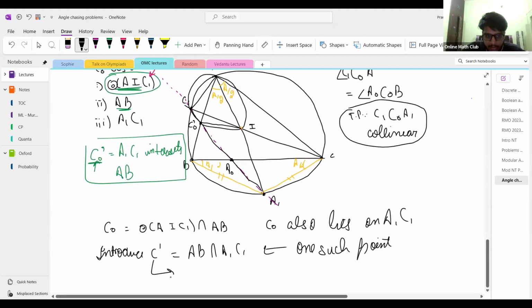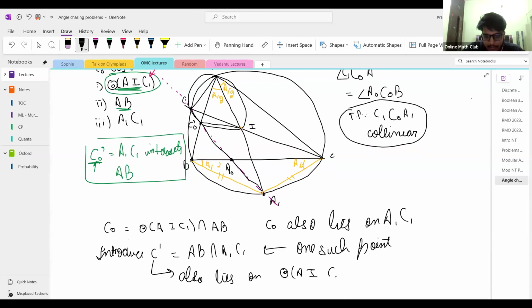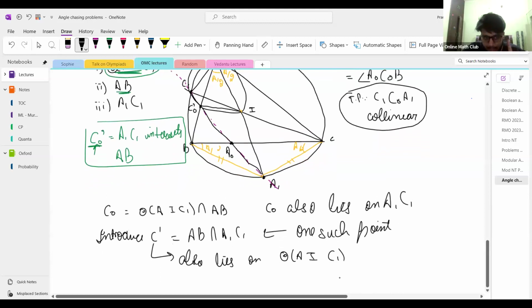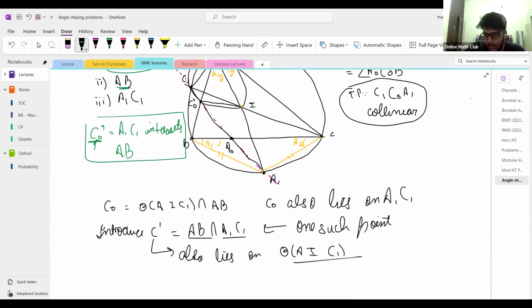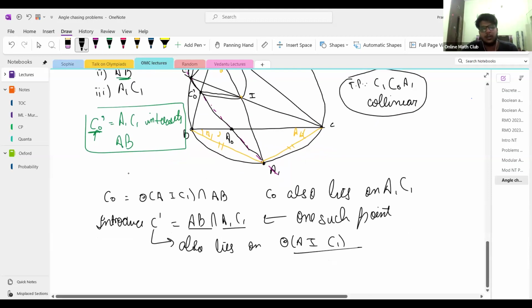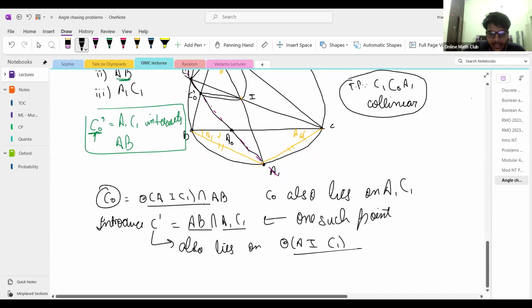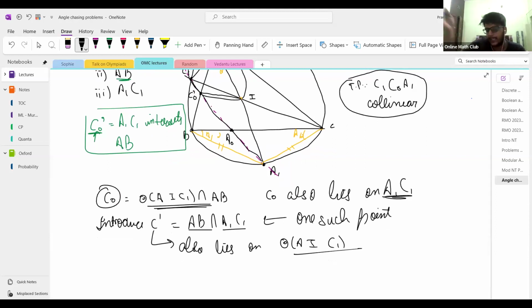And if I prove that this also lies on this circle A, I, C1, then I prove that there is a unique point which lies on this and this. So now C0, which is defined as the intersection of these two things, would also lie on this thing automatically, right? Because I've sort of proved it from this idea.